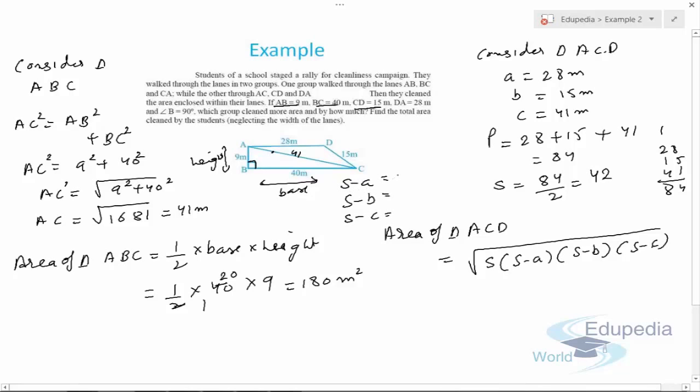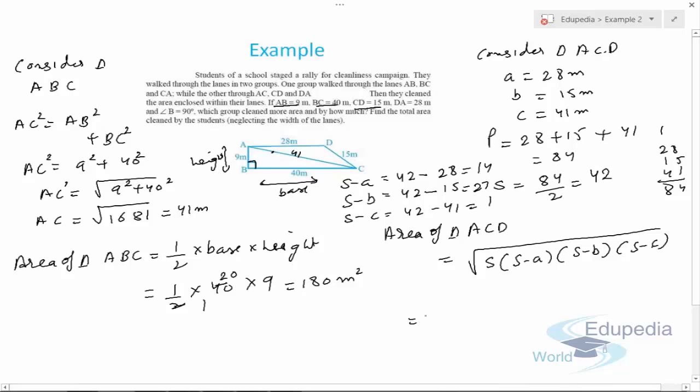So S minus A will be 42 minus 28, so the answer will come out to be 14. Then S minus B, 42 minus 15, so it will be 27. Then 42 minus 41, so it will be 1 meter.